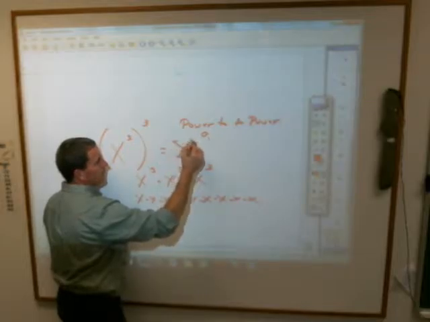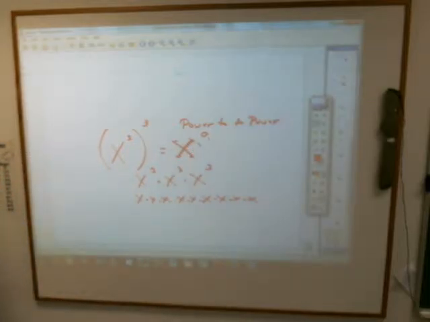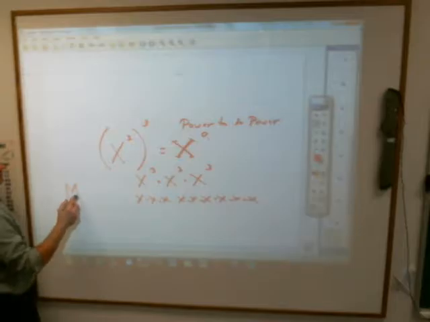I will do one more and then I'll see if you can get what the law of exponents is when it's exponents to exponents. What if I have the letter m to the 2nd power to the 5th power?